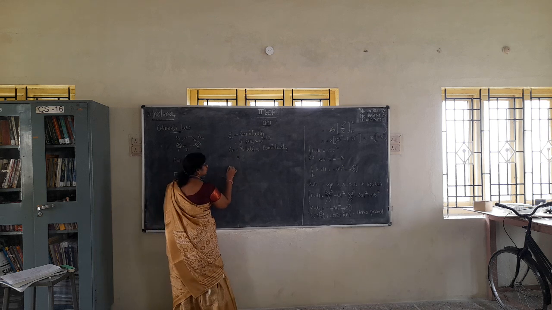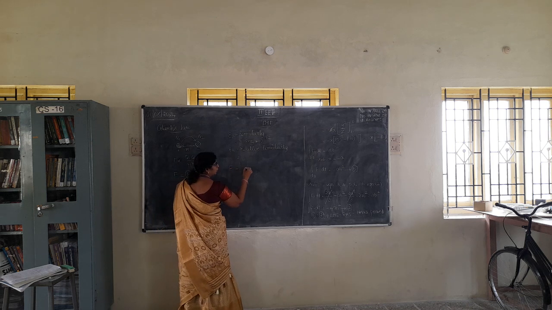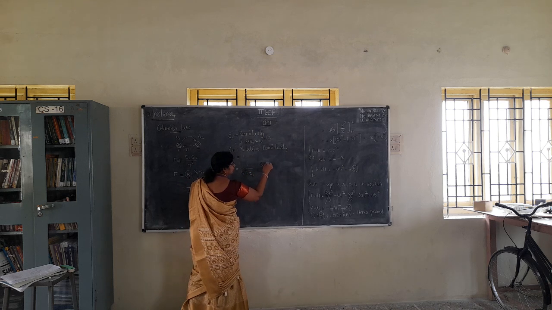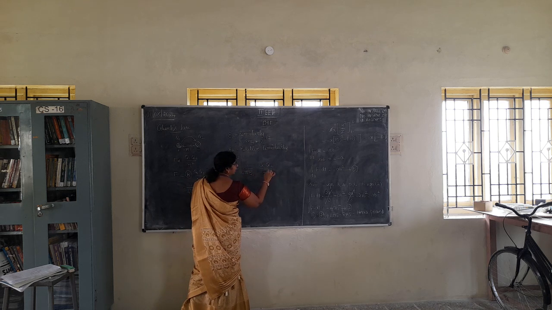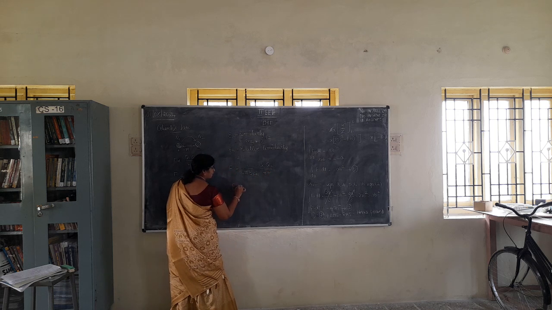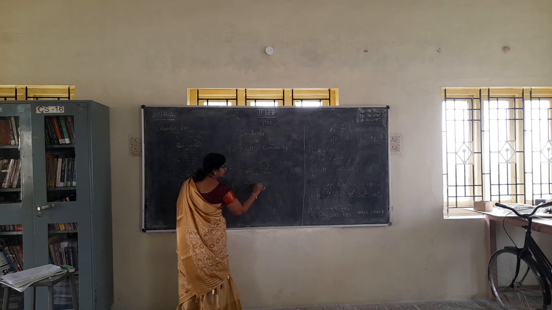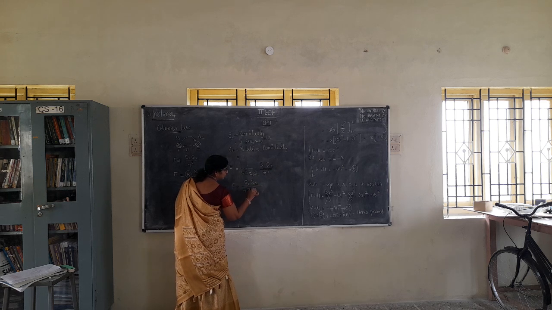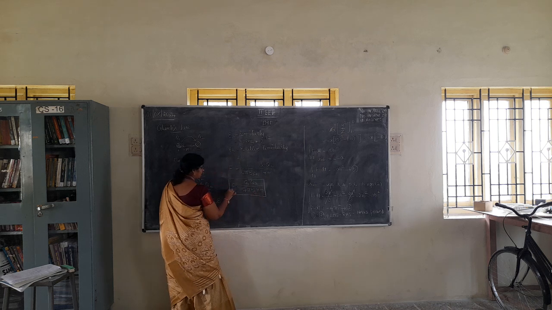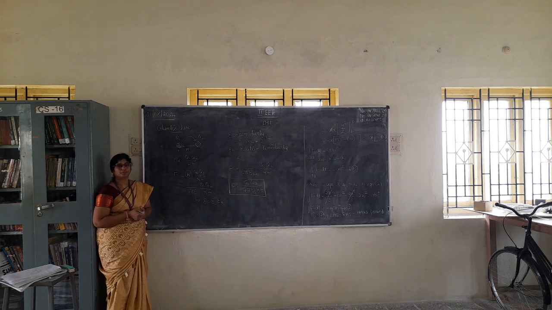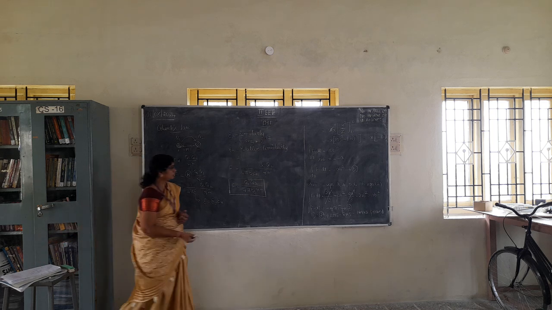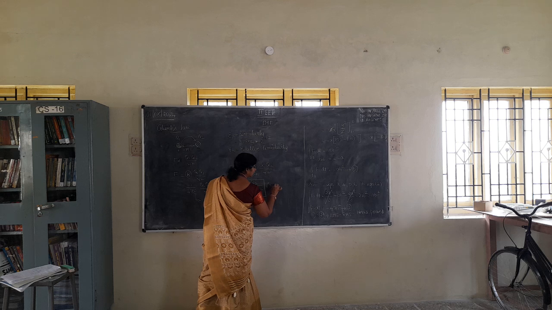Therefore, Coulomb's law, F, is equal to 1 by 4 pi epsilon naught q1 q2 divided by r square, that is q1 q2 divided by 4 pi epsilon naught r square. The unit is Newton.